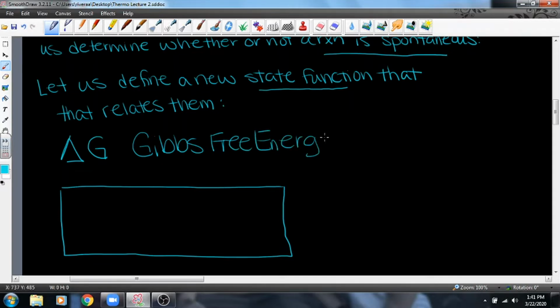And Gibbs free energy is measured in kilojoules per mole, just like delta H is. And it's a state function, just like delta H and delta S, where you can subtract your initial state from your final state to get the amount of free energy change in a reaction.